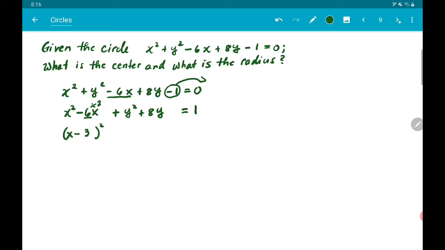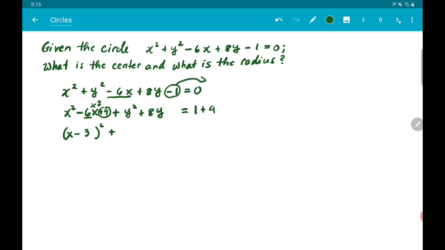But don't just do that: after doing that, you have to square it. 3 squared is 9, so it's going to be plus 9 over there. We added 9 here, so we're going to be adding 9 to the other side as well. So we have completed the square for x.